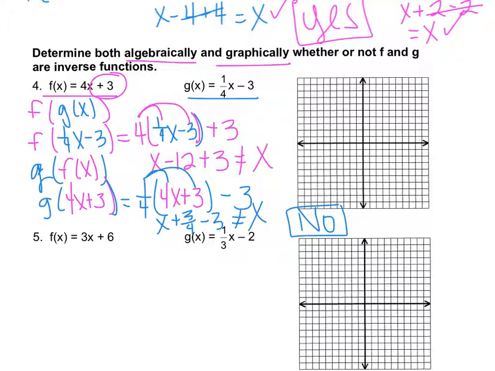So function f, since these are both linear, I'm going to use slope and y-intercept, but again, you can plug it in the calculator and find those points. So it crosses the y at 3, and you're going up 4, right 1.